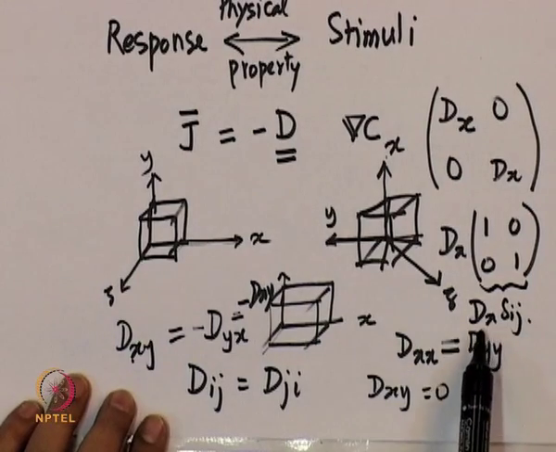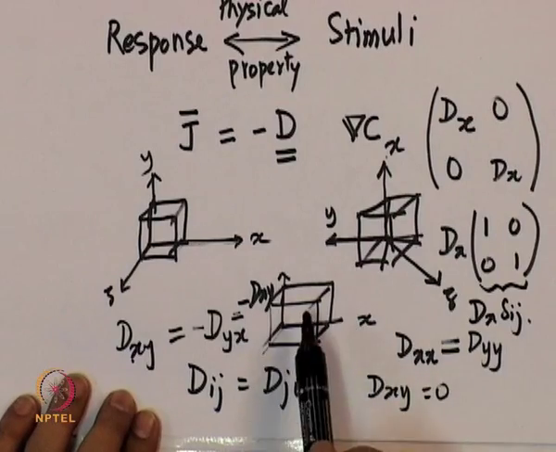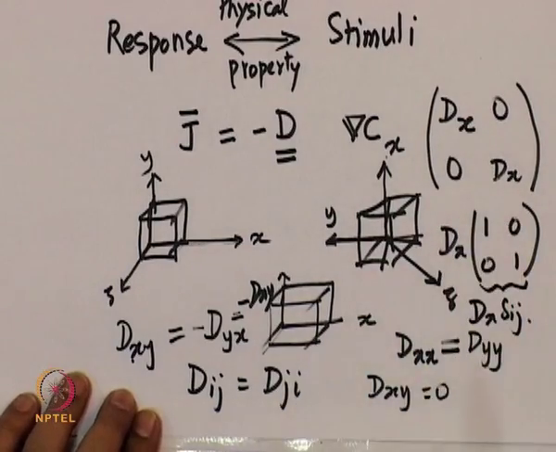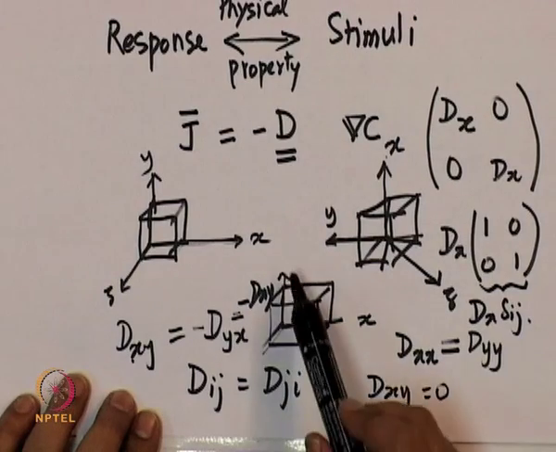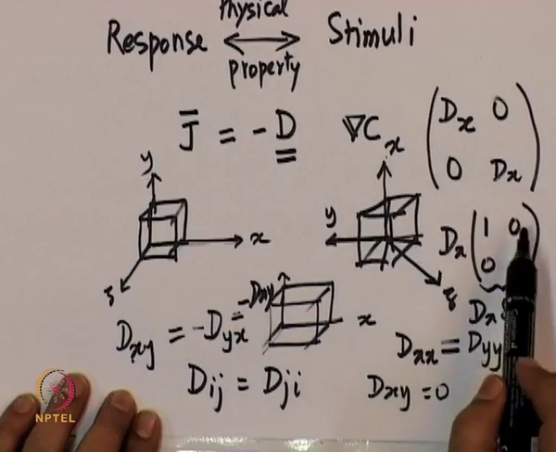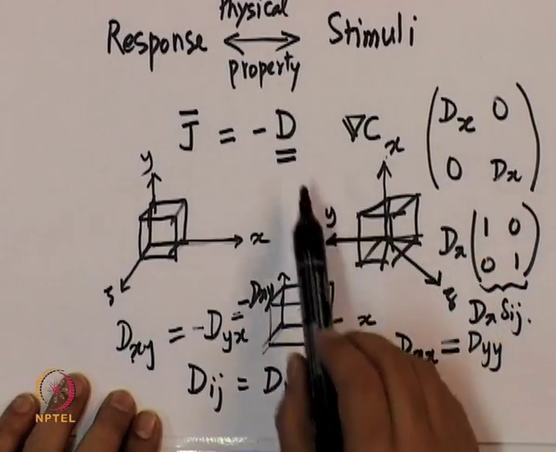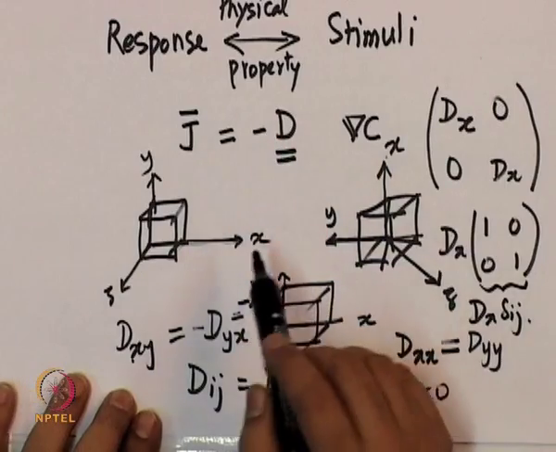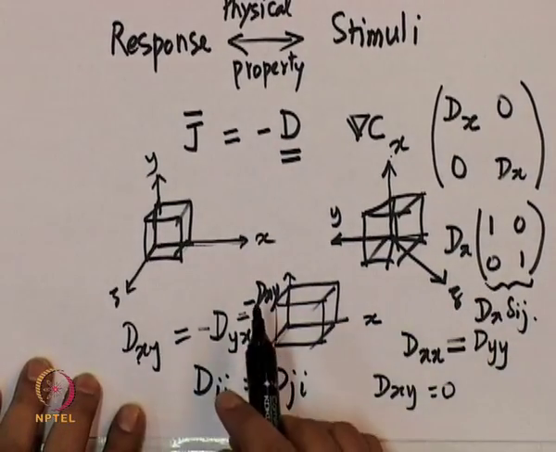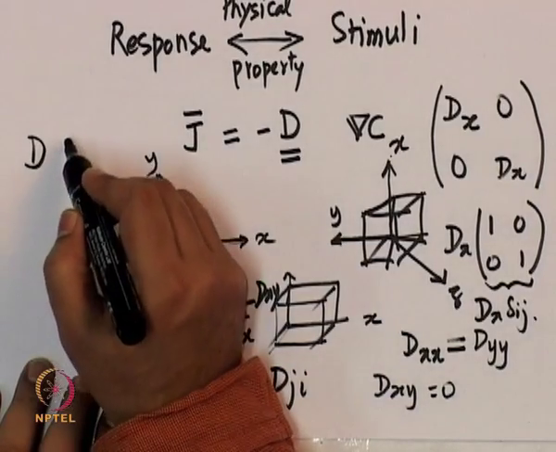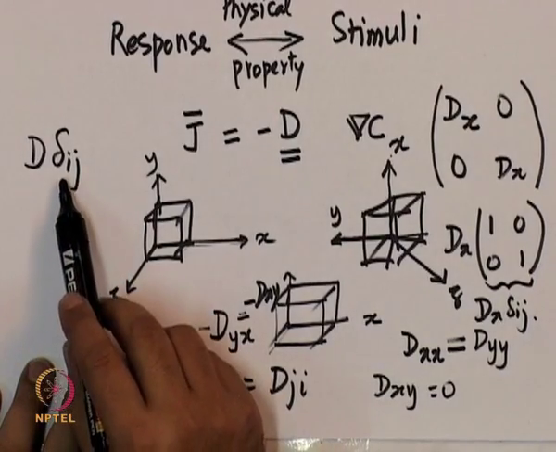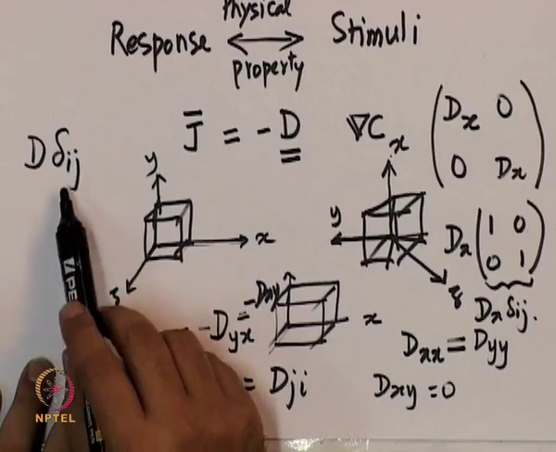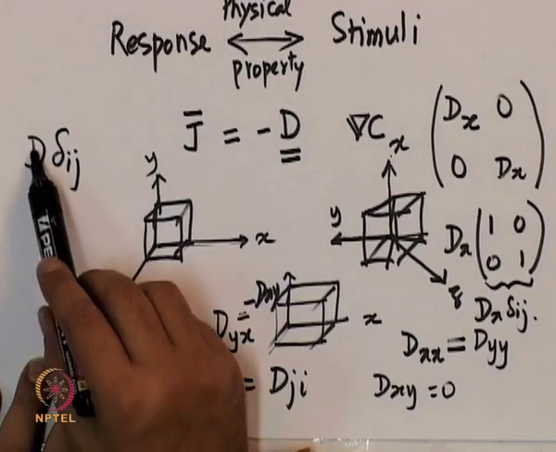So, in other words, we have shown that in a cubic crystal, you can extend this argument to the z axis also, and so we are doing it for the xy plane, you can do it for the xz plane and yz plane. Same argument can be carried over to show that finally the diffusivity in a cubic system becomes just this d delta ij. Okay. So, which means 1 1 it will have non-zero value, 2 2 3 3 it will have non-zero value, but it will have the same value.